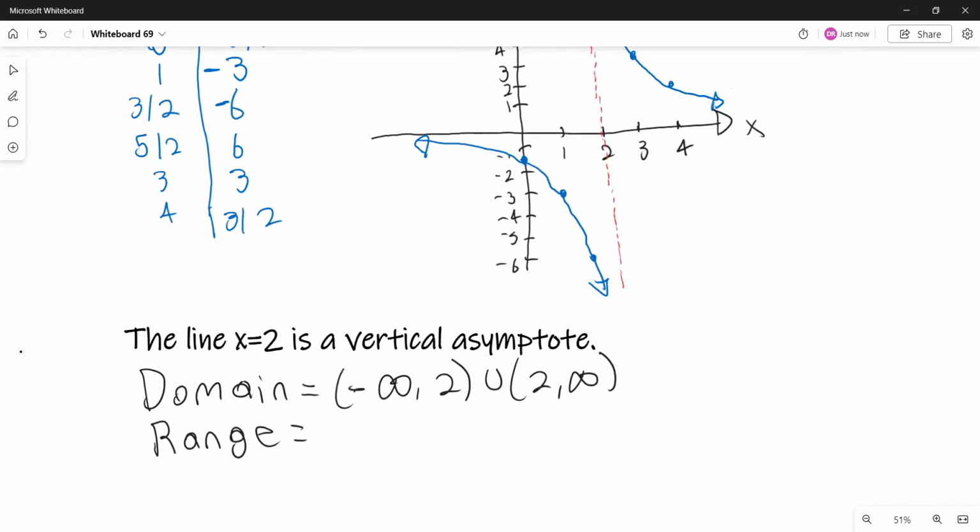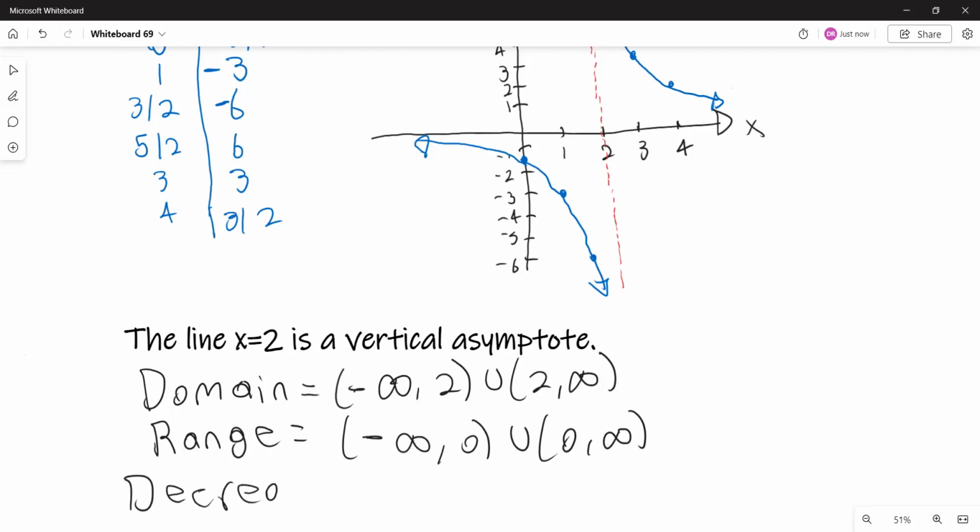The range is everything but 0. And this function is decreasing over the intervals negative infinity to 2 and 2 to infinity.